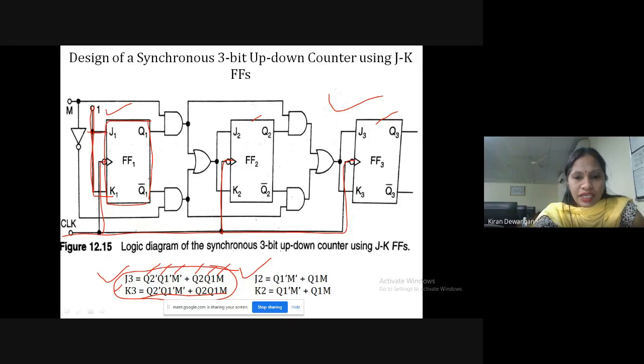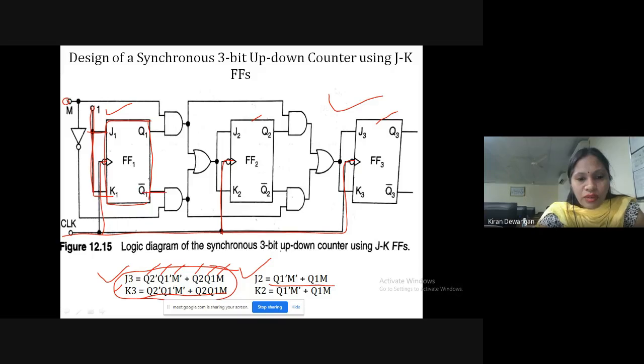Now we'll be connecting our J2 and K2. The J2, K2 expression is Q1 bar M bar plus Q1 M. So from here, we'll take a mode M. Now since it's an up-down counter, we'll take the mode. Here we have got the Q1 bar.